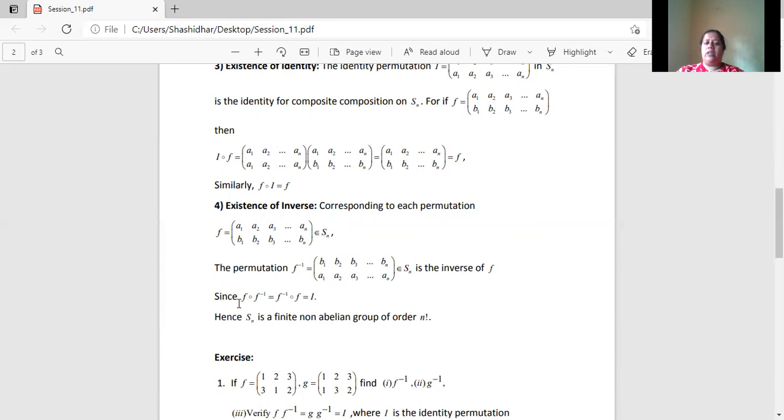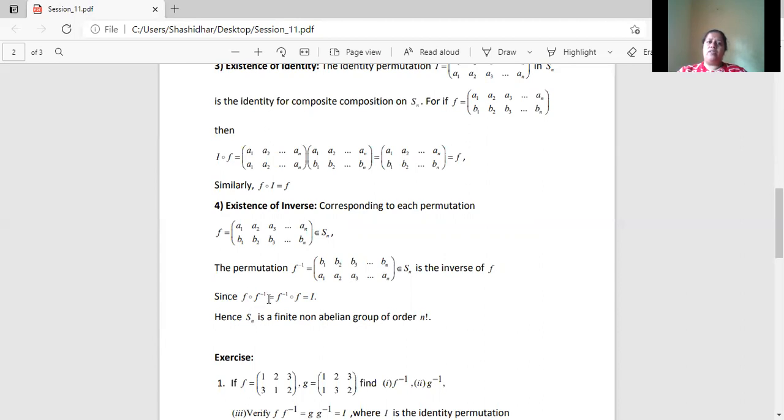Hence, we can write that there is existence of inverse in the finite set Sn. That is, F composition F inverse is equal to F inverse composition F is equal to I. This we know already, we have done in the inverse of a permutation, and here the composition of a permutation with its inverse we are getting as I. That is what we have learned in groups.